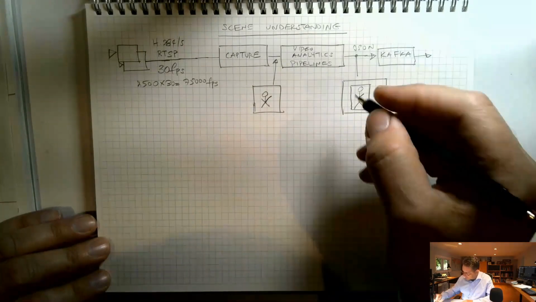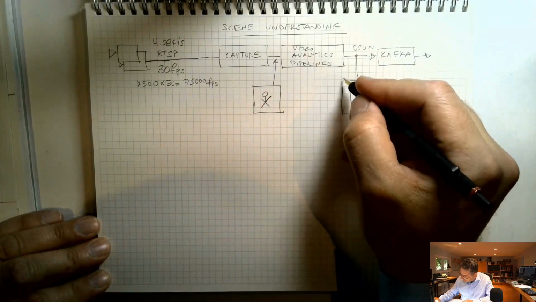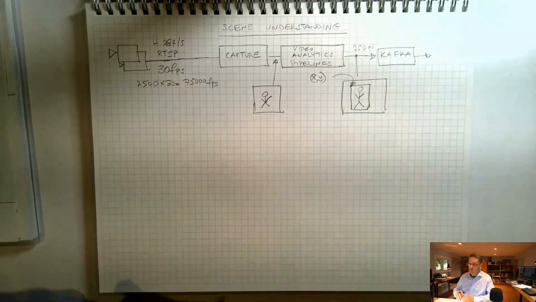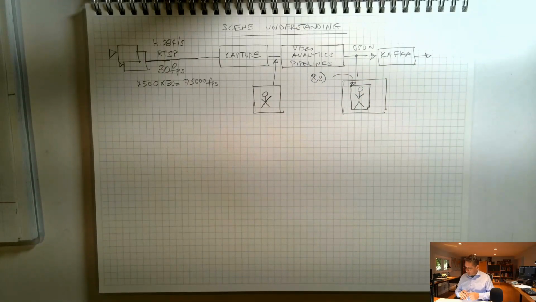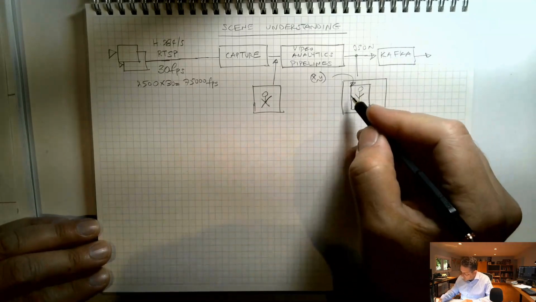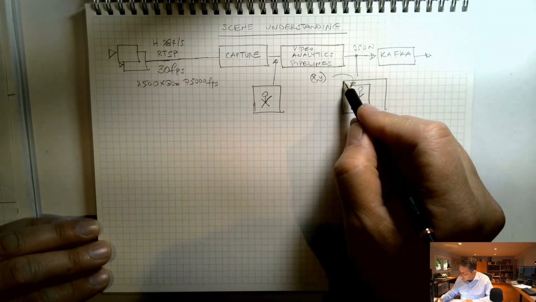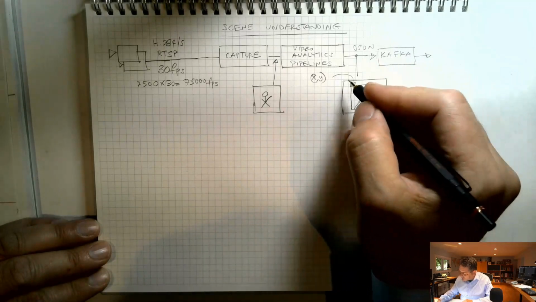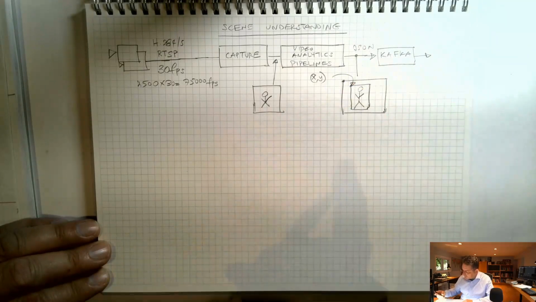That bounding box is typically represented by the so-called top left coordinate x comma y, and these coordinates are typically expressed in a frame coordinate system. So a frame coordinate system potentially places the 0, 0 right here.